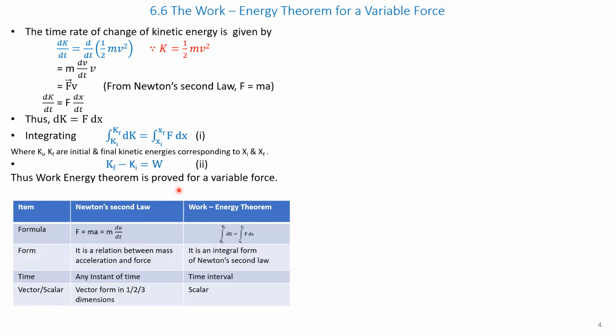Now we will quickly recapitulate the difference between Newton's second law and the work energy theorem. As we know, F is equal to m into a, that is mass into acceleration.